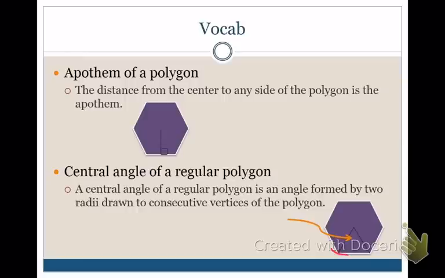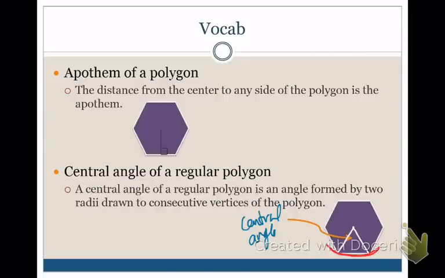Okay, so again, if we can imagine this circle coming through here, I won't draw the whole circle, then you draw 2 radii and they create a central angle. Here and here are 2 radii for the circle and also 2 radii for the polygon. This is your central angle, and what we know from circles is that the measure of a central angle is the same as the arc that it's looking at.